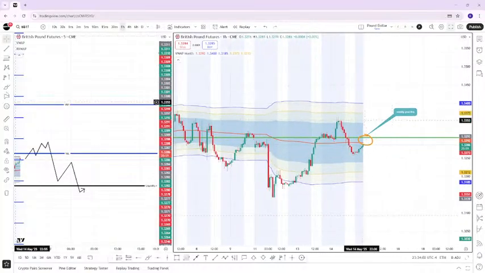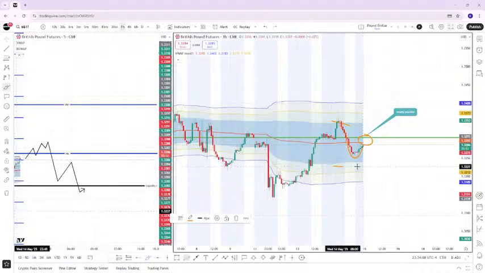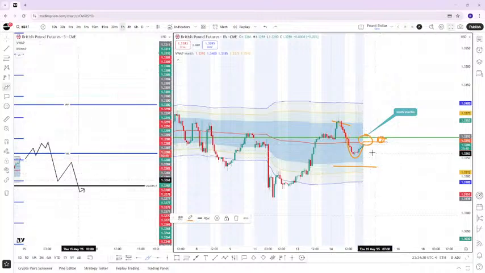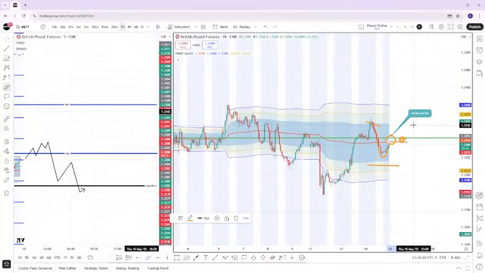This monthly one still has to finish its rotation. So rotation started here, went down, didn't finish its rotation, so there's more downside. That is a monthly PVA level right there. Also approaching view up. So I think this is still a good area to look for sales. There is still space for down movement.